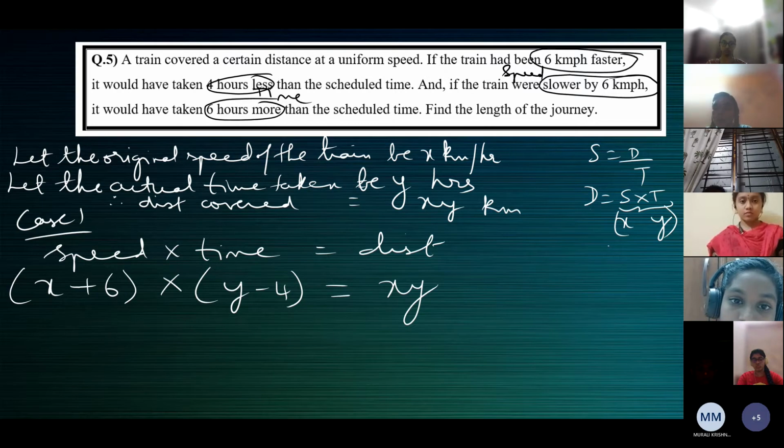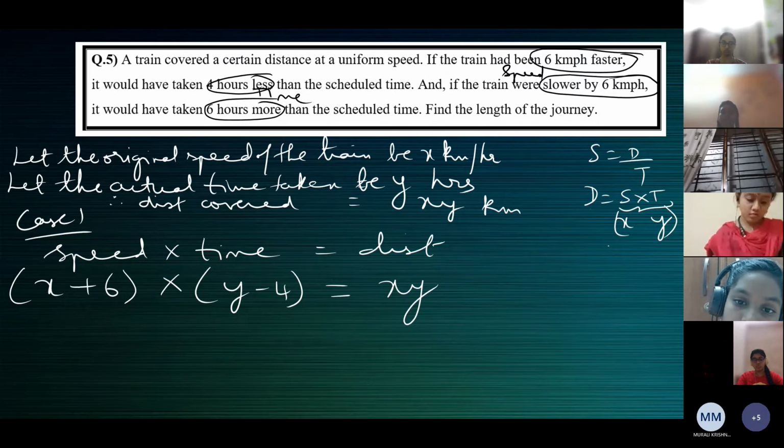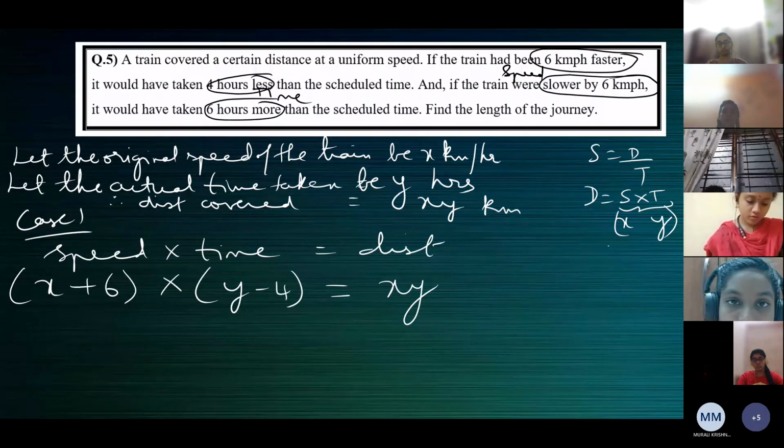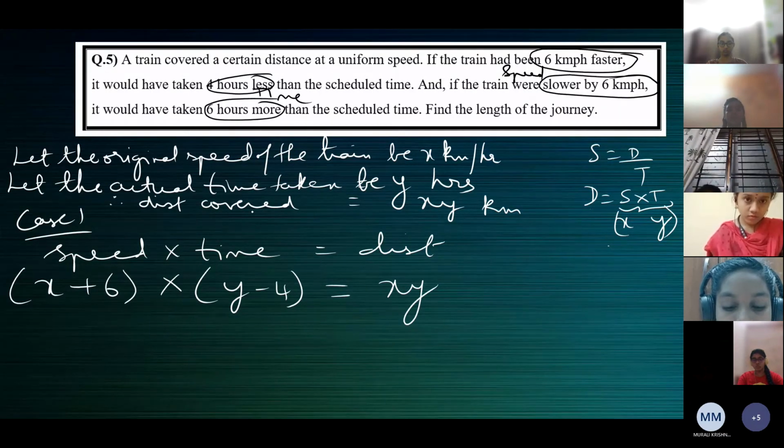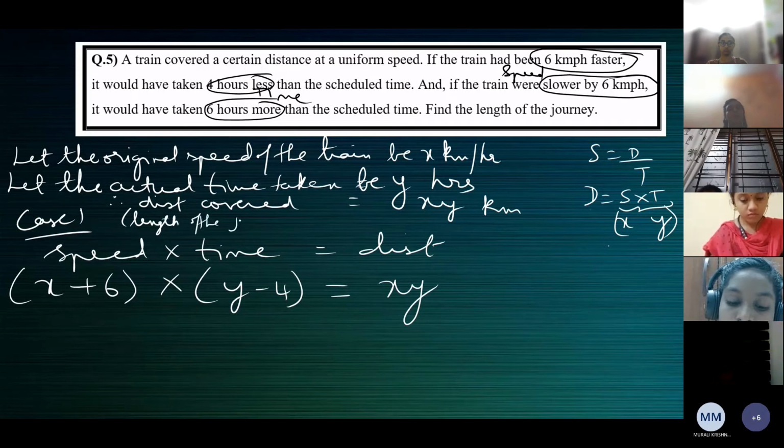So distance covered is x into y kilometers. That is, the length of the journey is xy kilometers.